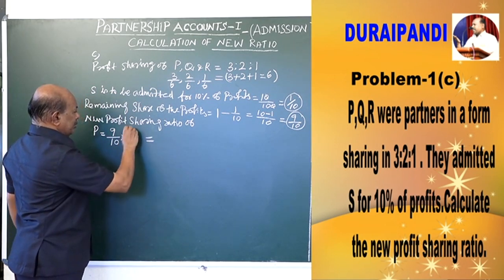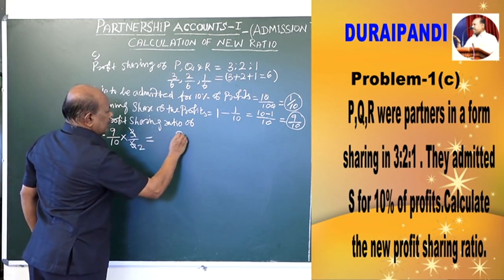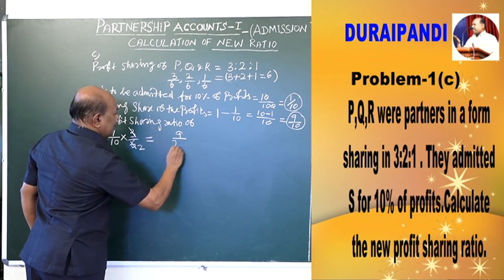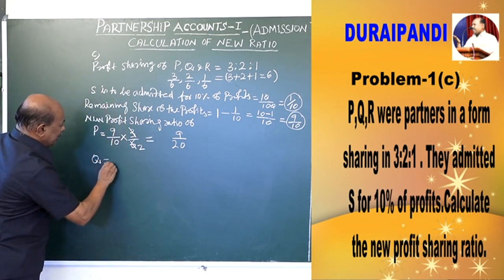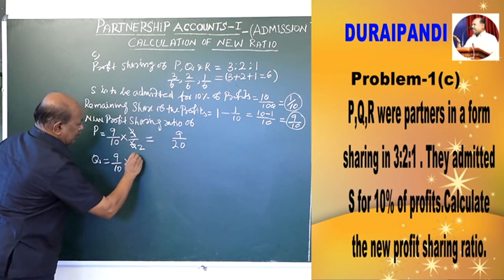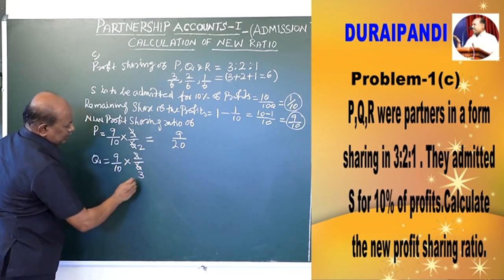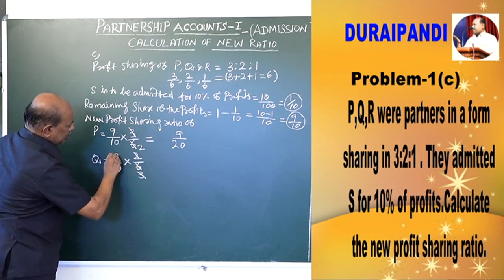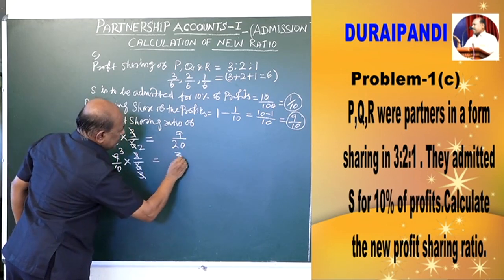That is equal to 9/20. Then for Q equal to 9/10 into his share of profit 2/6. That is equal to 3/10.